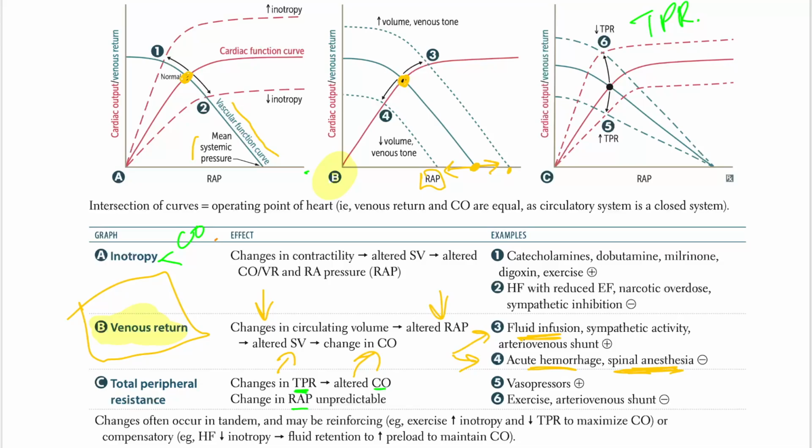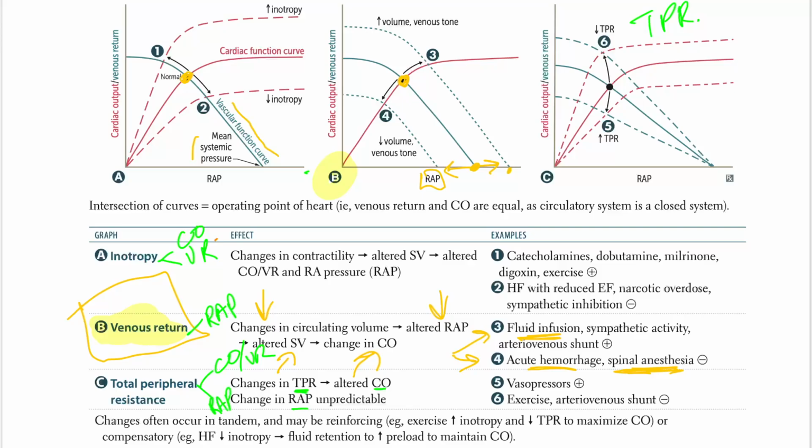Then we looked at venous return and said it would only change your right atrial pressure. Now we're looking at all things together. Changing the TPR would not only alter your cardiac output and venous return, but on top of that, it will change your right atrial pressure.